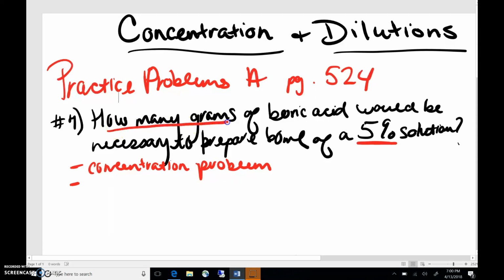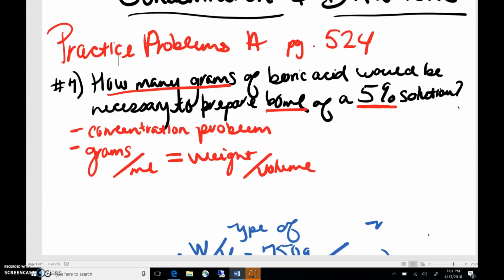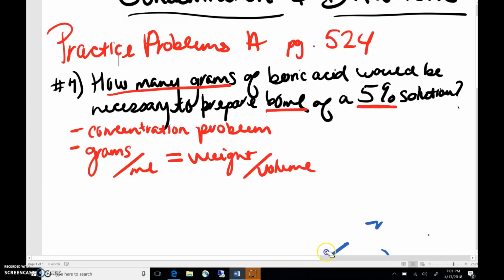If you are looking for how many grams are within 60 milliliters, so that means that the concentration is grams per milliliter, but in detail, that is weight per volume. The type of concentration is weight per volume, and its units is grams per milliliter. All right. Let me keep going. So then the next question you ask yourself is, what is it that we're looking for?